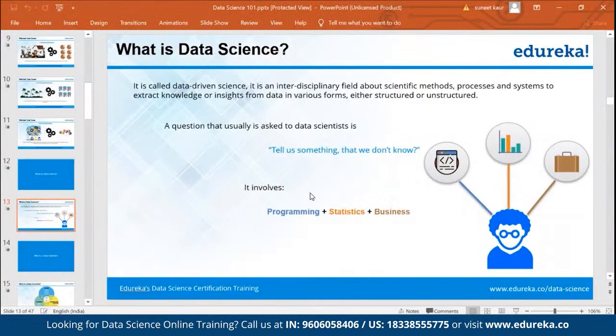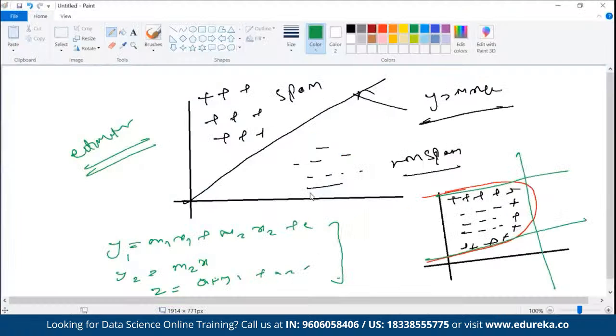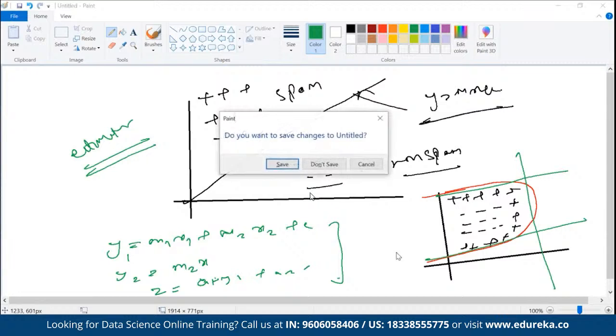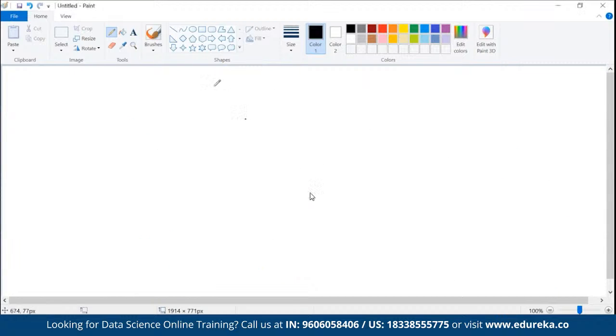Okay, so now when it comes to data science, basically, guys, data science is all about finding the relation. Data science is all about finding the relation. So let me just take one very simple example here.